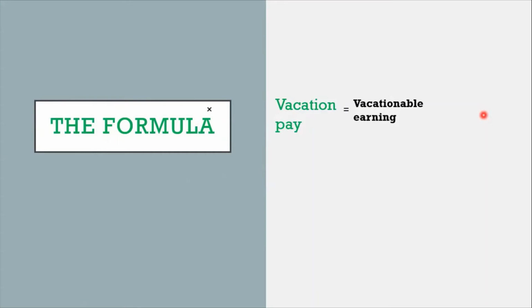If you go for 1 week, it will be 2%. If you go for 2 weeks, it will be 4%. If you go for 3 weeks, it will be 6%. I know you understand the pattern now. It's just 2% times the number of weeks, and that will give you the vacation percentage.